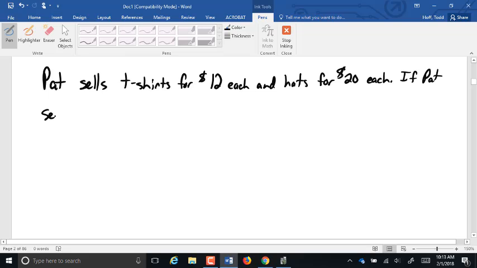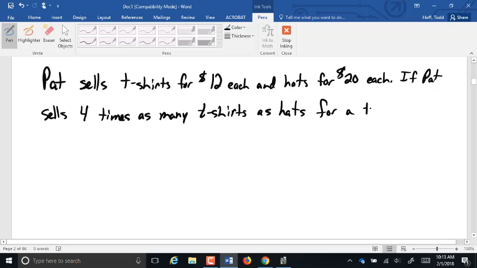If Pat sells 4 times as many t-shirts as hats for a total of $1,020. How many of each were sold?